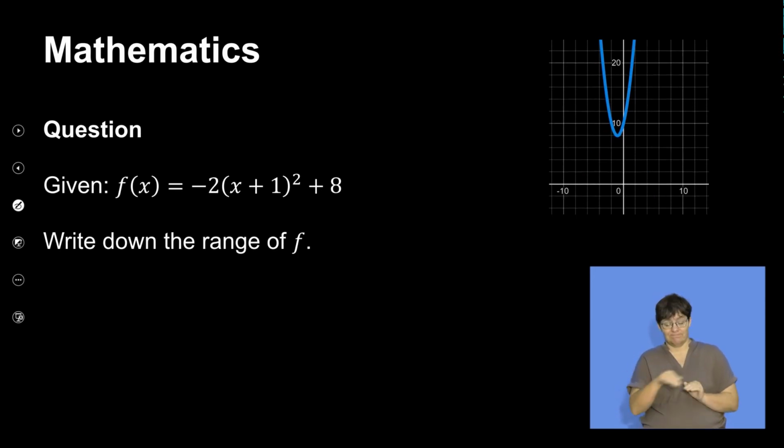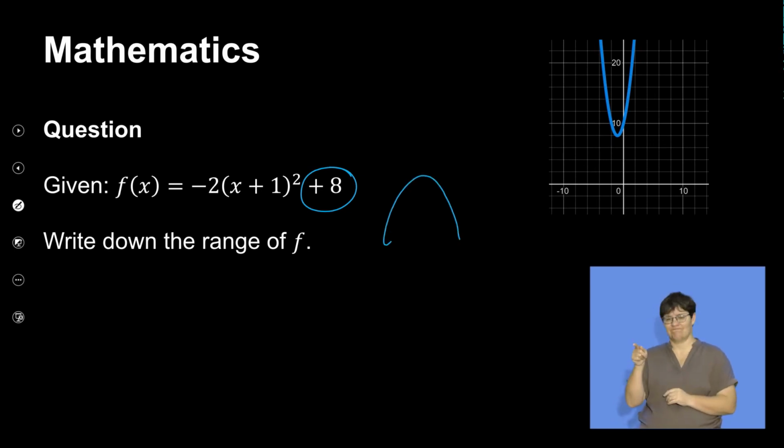The range of this will be, the maximum point is at 8, right? Because it is actually turning at 8 and not really the way this one is, because this was not reflected. I wanted to show you the reflection itself. So the maximum point is at 8.